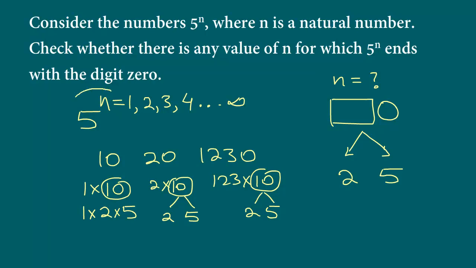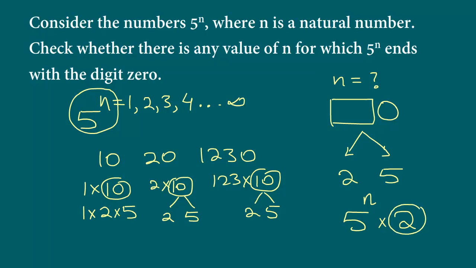So now, how does our number look? Our number is 5 raised to a natural number. That means our number has 5 as its factor. Because of the fundamental theorem of arithmetic, there is only one unique way to represent a number as a product of its primes. So if our number is 5 raised to the power n, there is no way that our number will have the factor 2.